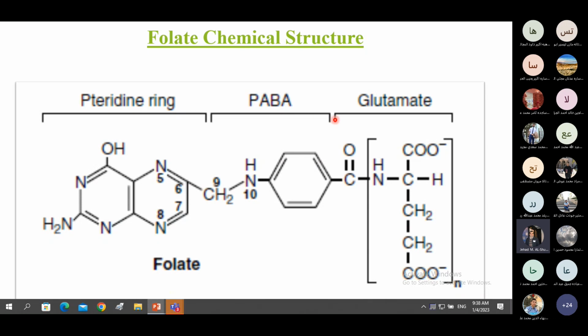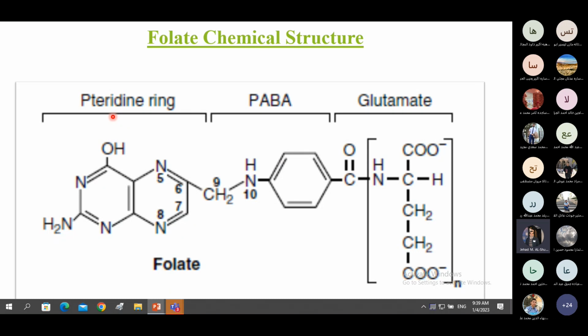And the last, as we said, is glutamate or glutamic acid. Naturally, it is polyglutamate. But once in the small intestine, the poly is cleaved. And what remains? That enzyme keeps only one glutamate attached to PABA and the pyridine ring.